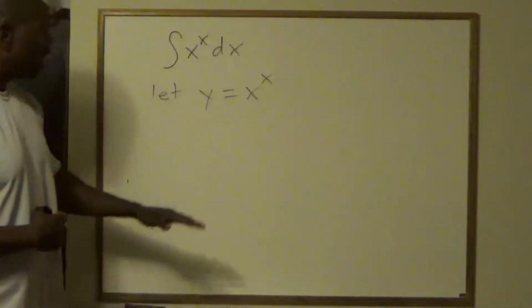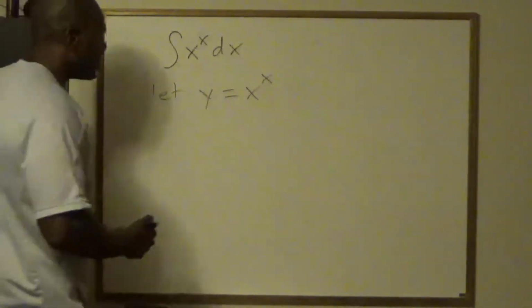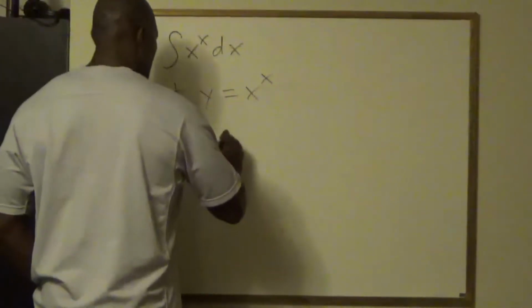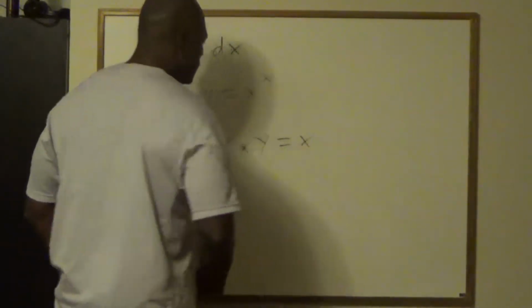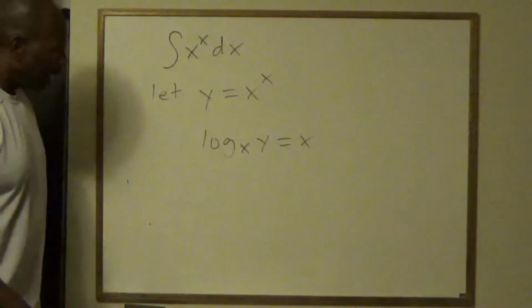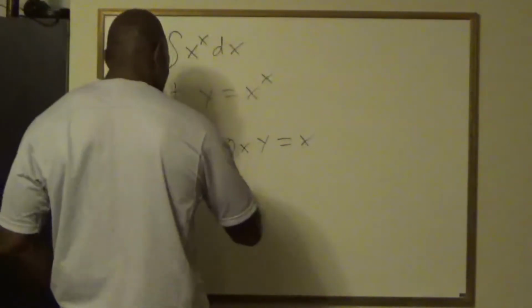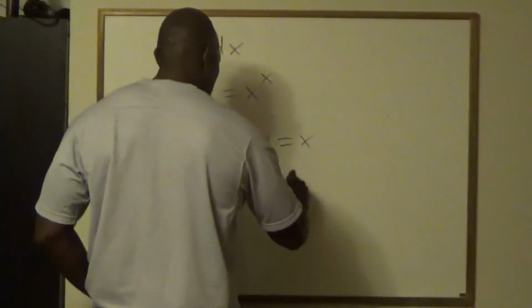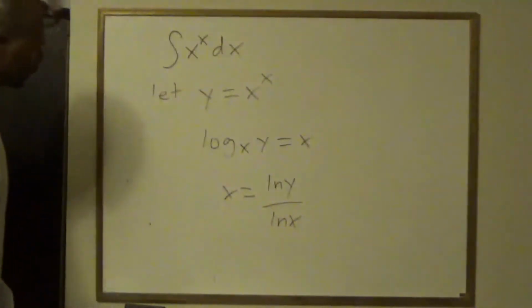Let's rewrite this in logarithm form. In logarithm form, it would be log base x of y equals x. If we apply the change of base formula, x would be ln y divided by ln x.